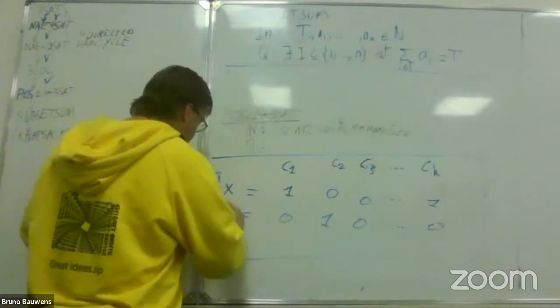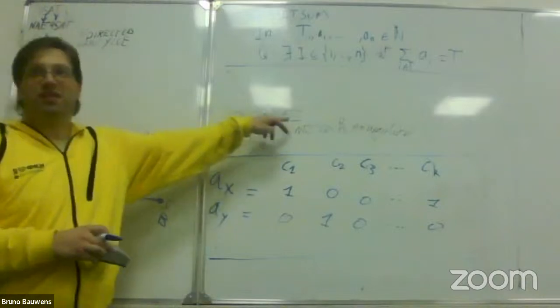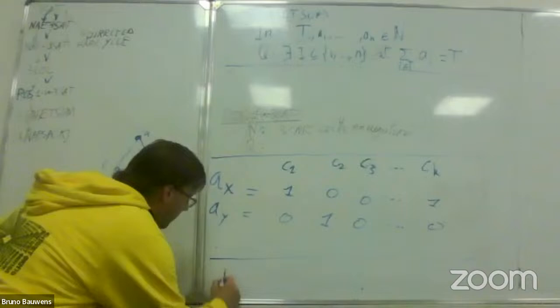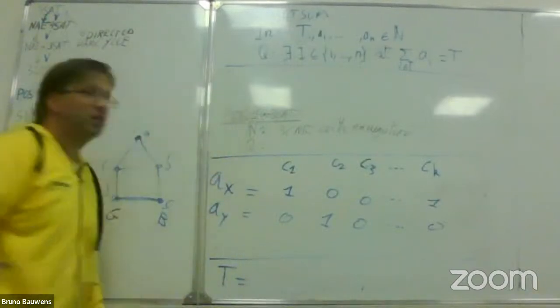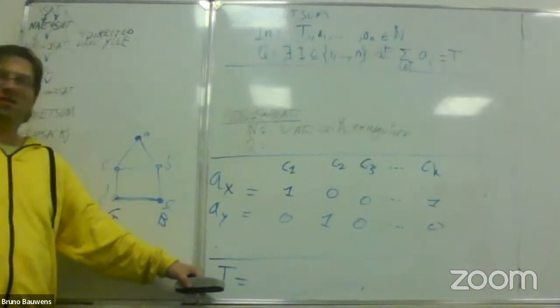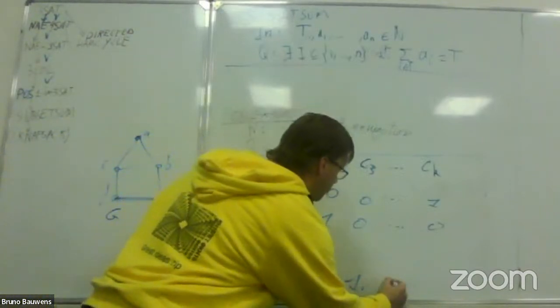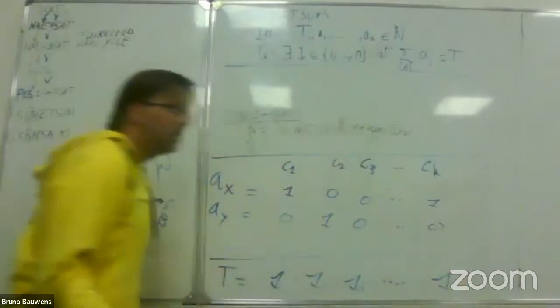Because we have positive 1-in-3 SAT, there are no negations. And then what do you think the target value will be? All ones, yes, indeed. And that's the reduction, that's it.